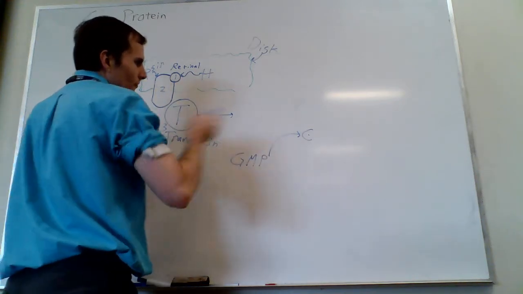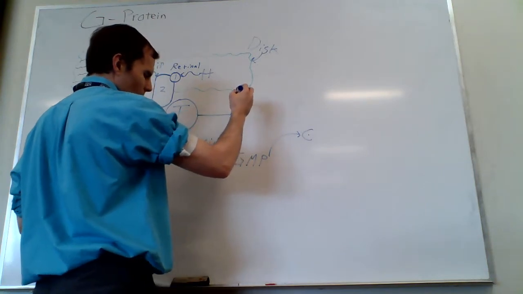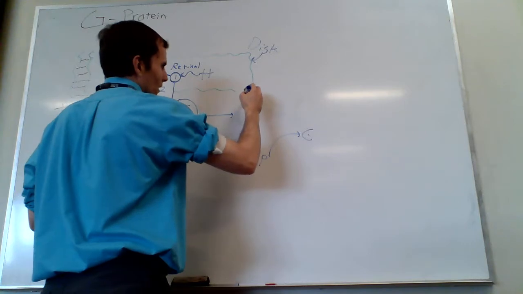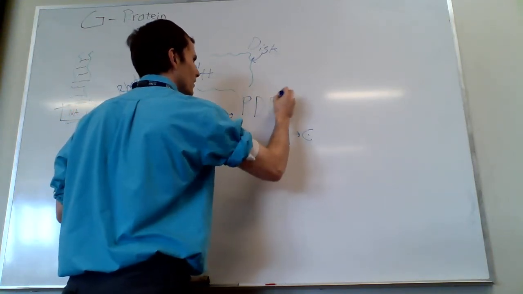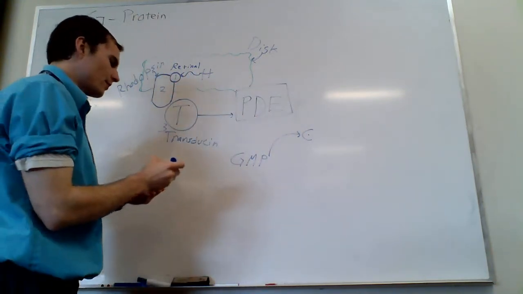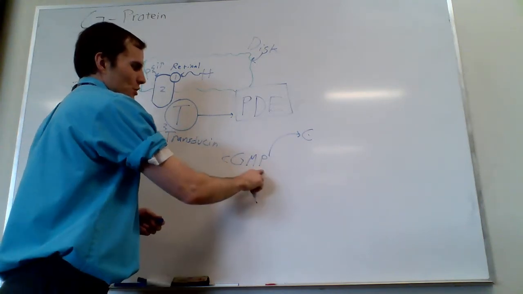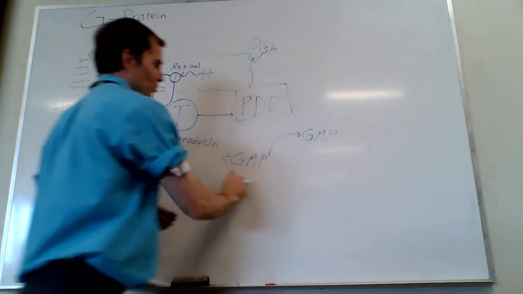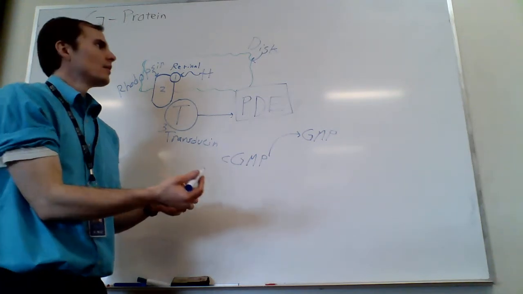So it actually goes to phosphodiesterase. Yeah, there we go. It goes to phosphodiesterase, which cleaves the phosphodiester bond in cyclic GMP and makes it just GMP. And so you chew up all the cyclic GMP in the cell with phosphodiesterase. Okay?